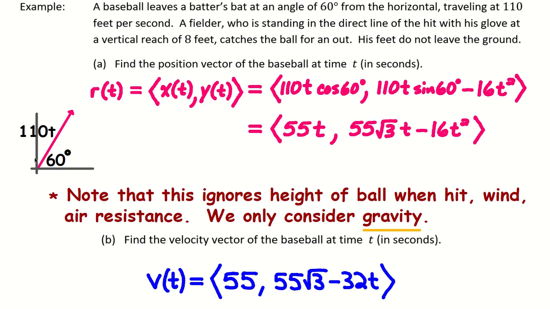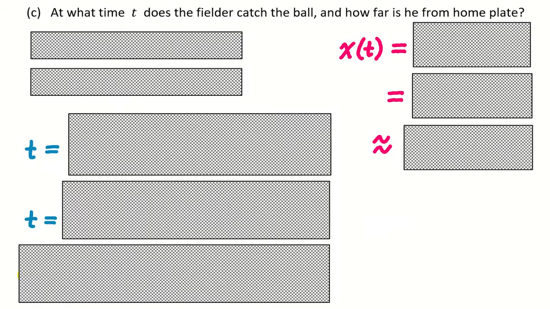I know it was a little bit of a rough patch for a second there, and that was my fault. But as of right now, we have the position vector of this baseball at any given time, and we have the velocity vector, what the actual velocity is, as well as the direction, based on the time in seconds. All right, so that's what we have at this point.